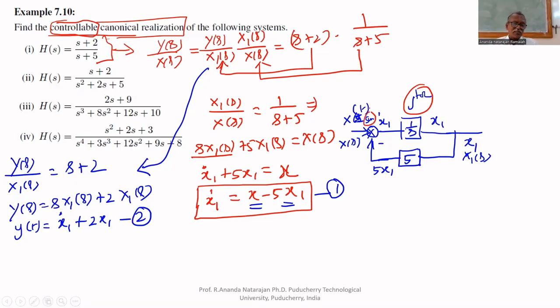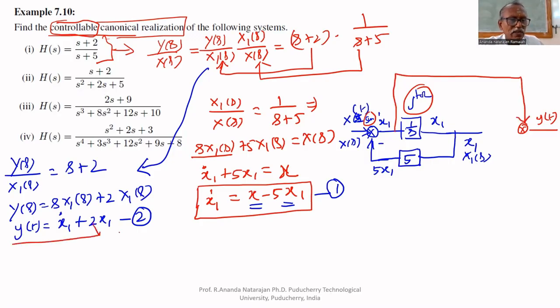Second equation, only a summer is required. What is that? Y of t. Let us assume that y of t is available. Y of t equal to what? X1 dot plus, take x1 dot from here and add to get y of t, because y of t equal to x1 dot plus 2 times x1. X1 is available here.